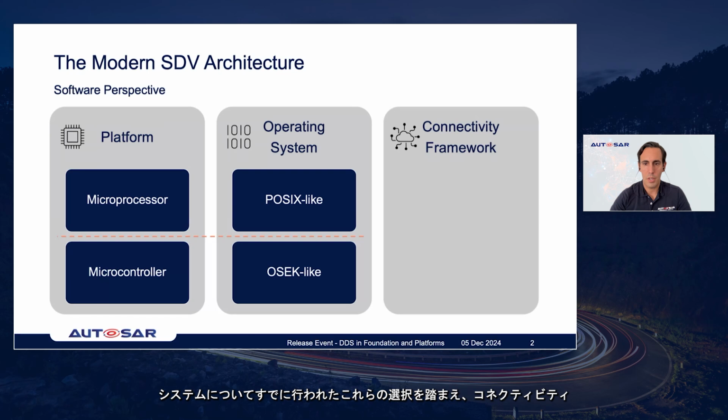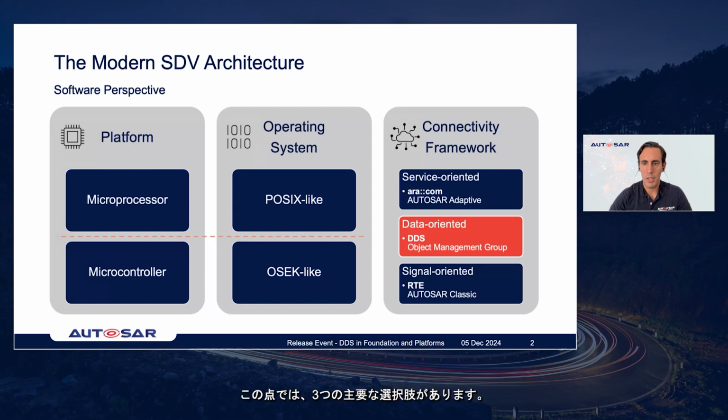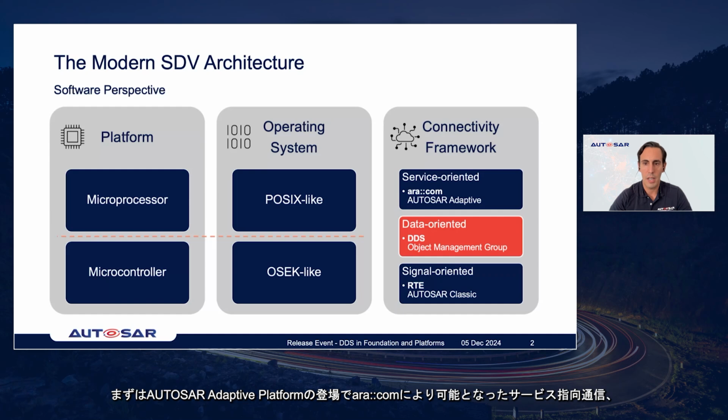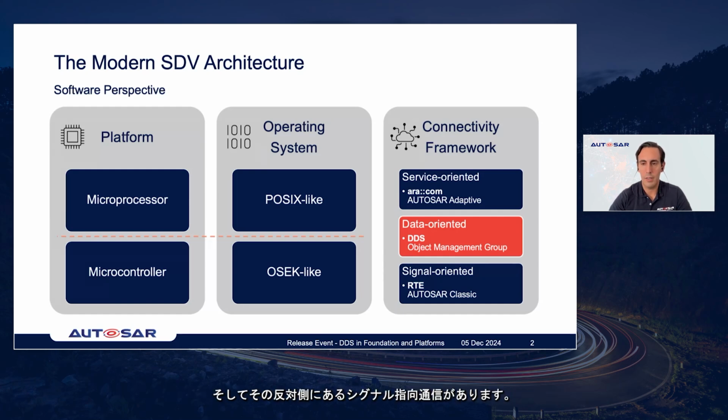And with those choices already made in our system, it is time to consider the connectivity framework. So from this perspective, we have three main choices. We can look for service-oriented communication, which is enabled by ara::com from the AutoSAR adaptive platform, or on the opposite side to that, signal-oriented communication, which we all know is very well enabled by the RTE in AutoSAR Classic.